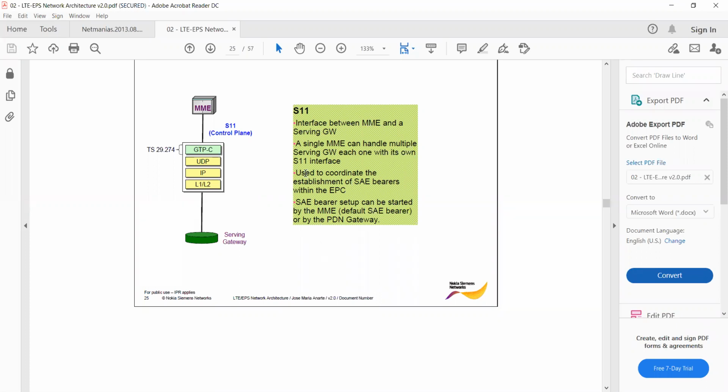You can simply write it is used to coordinate the establishment of bearers. Bearers you will understand in detail, no need to worry. Just write these terms. They will be new for you now, but you will get familiarized with these words and concepts later.